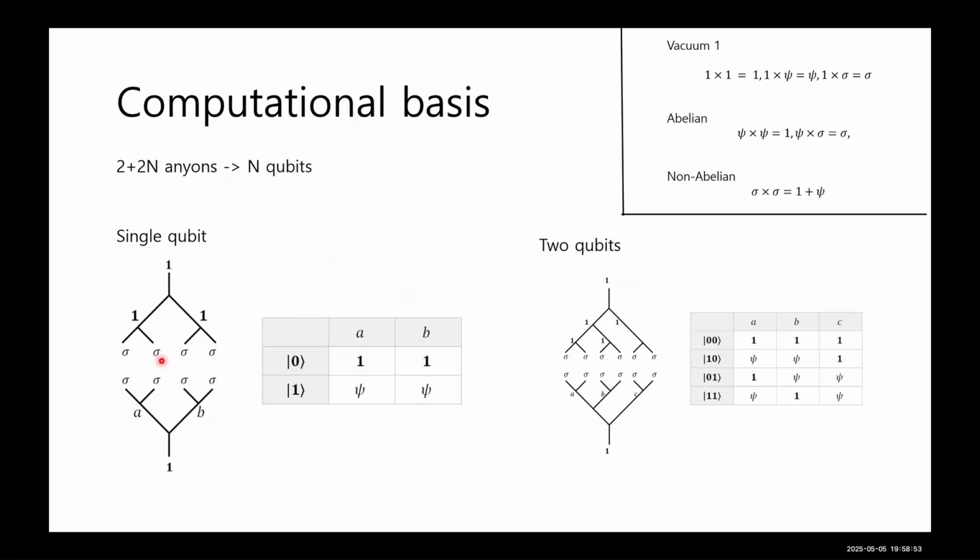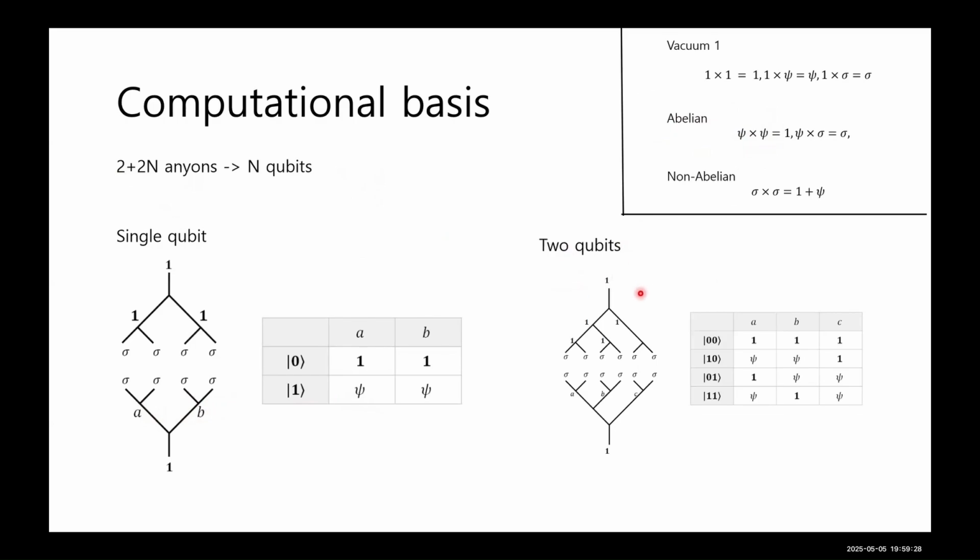Let's imagine we have 4 anyons, and when we consider their fusion to be vacuum, there are two possible results in this intermediate fusion space, that is A and B. So that means we can make a pair of these psi particles in the intermediate fusion because of this fusion rule. That means we need 2n plus 2 anyons to make n qubits.